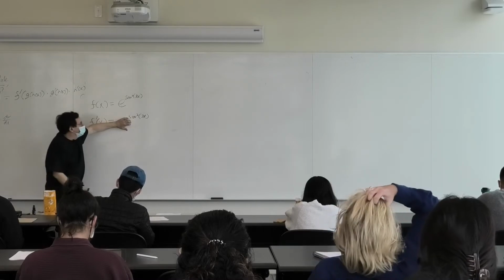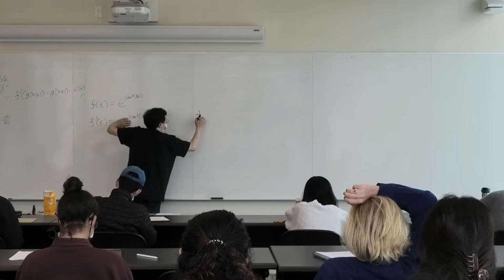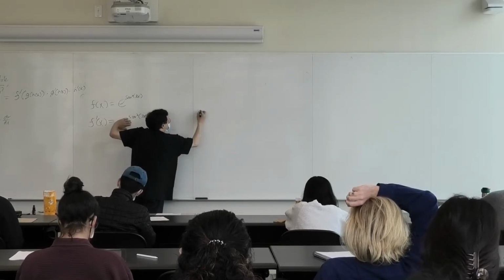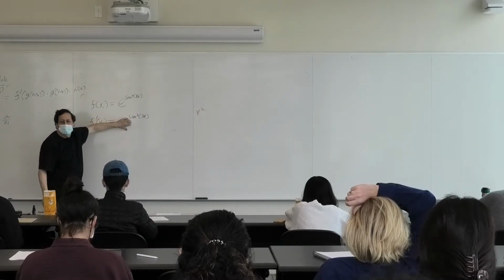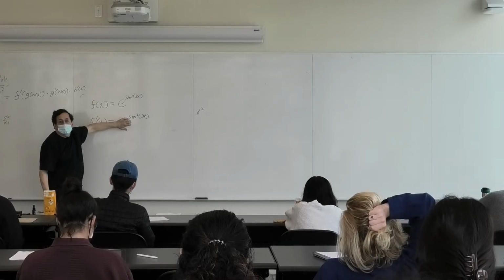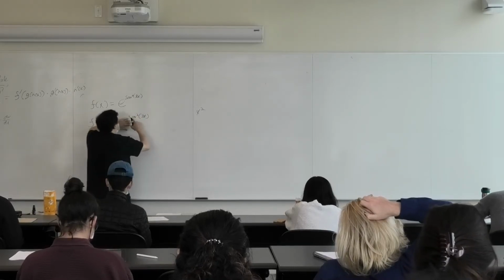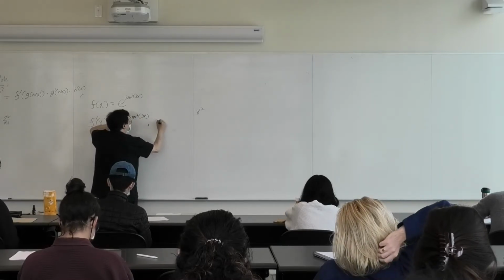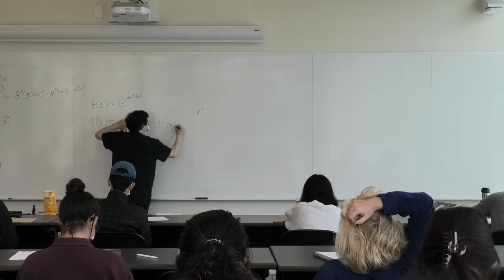So what's the derivative of x squared? It's 2x, but the x here is sine of 3x. So we have to multiply it by 2 times the sine of 3x.